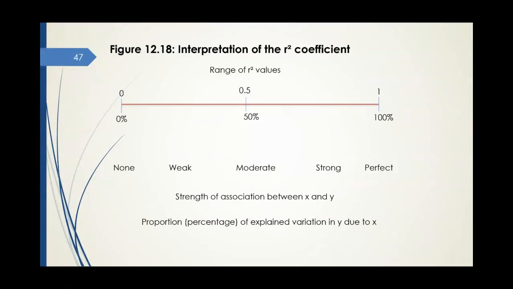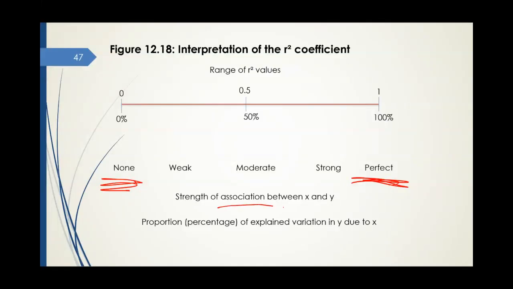And then there they're just explaining it graphically. So here, if you get 0, it means there's no explanation. Here, if you get 100, then it means it's explaining completely the variation in your y variable, your dependent variable.